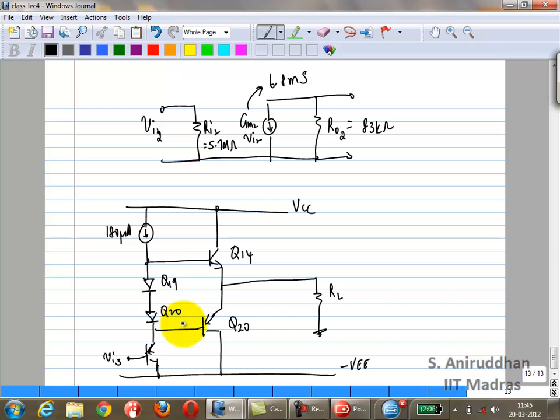Okay? So now how do you find out Ri, Gm and Ro and so on of this stage?